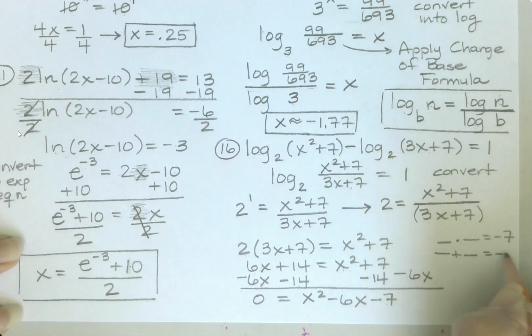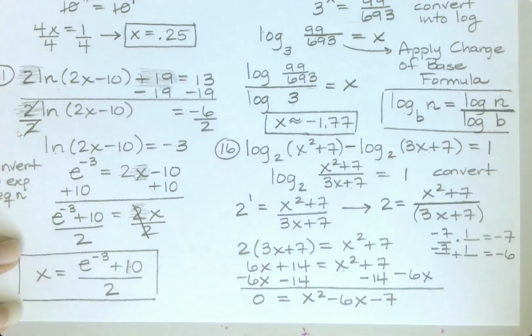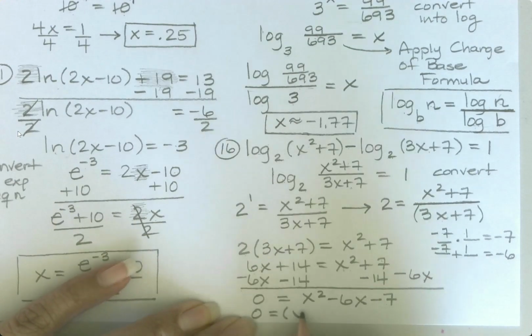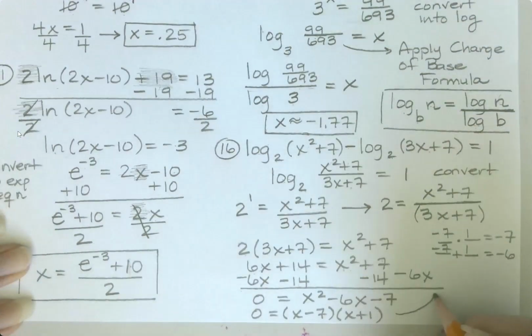What plus what is negative 6? They're one space from one another, so I know definitely one of them has to be a 1. So it's going to be negative 7 and a 1, negative 7 and a 1. That satisfies both. So 0 equals x minus 7, x plus 1. So there's my factored answers.